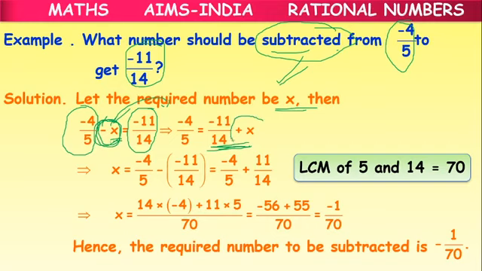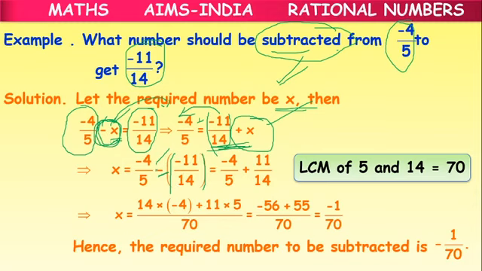Now the required value x has a positive symbol. Now minus 4 by 5 will be taken to the right hand side. If it has a positive symbol, after changing sides it will get a negative sign. So minus 4 by 5 minus of minus 11 by 14.